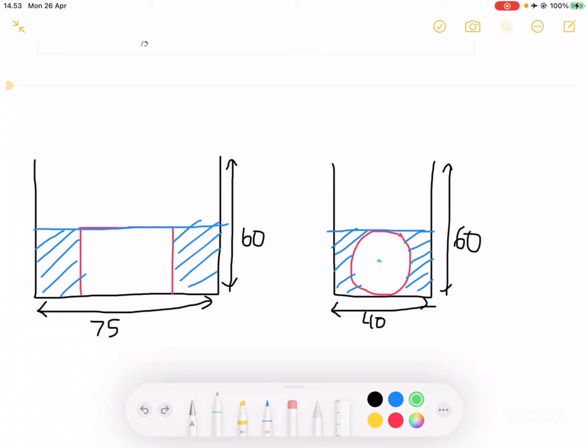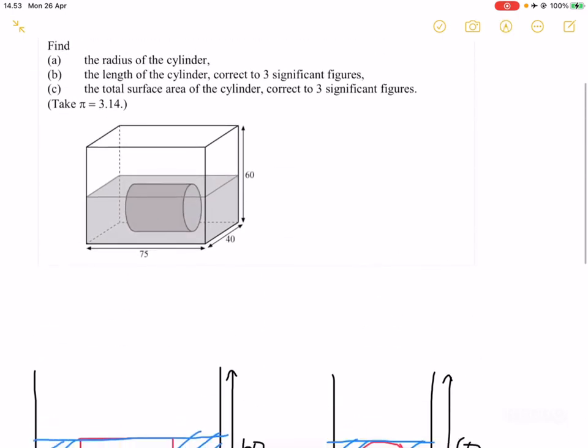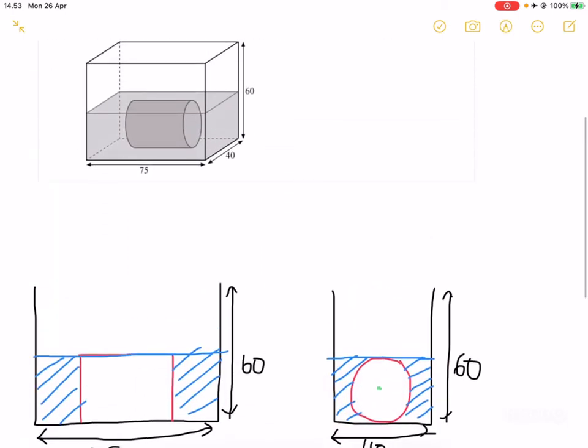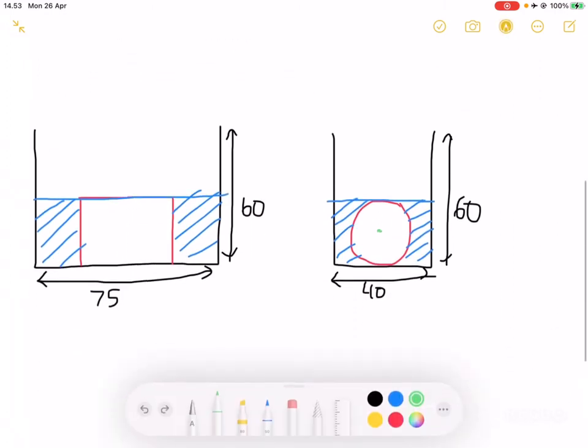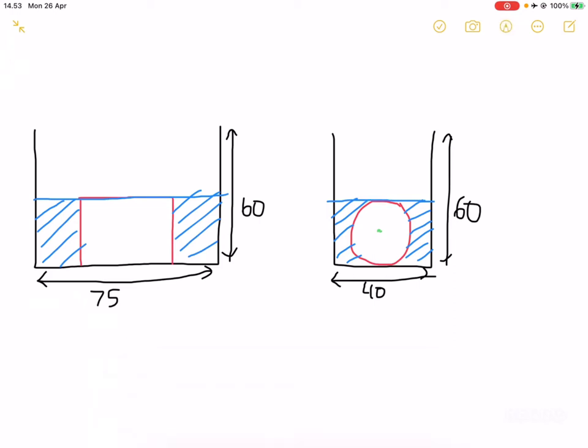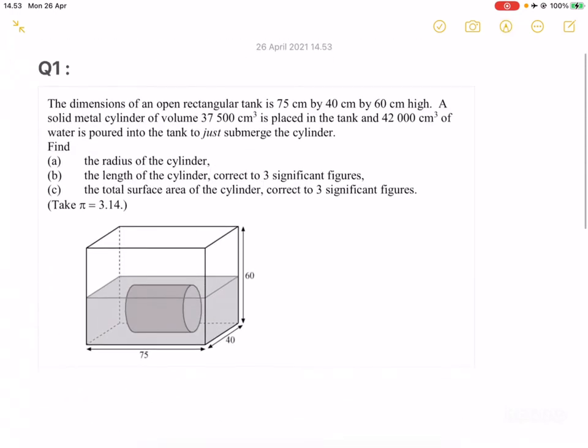If we look at the sides with dimensions 40 by 60 centimeters, the cylinder looks like a circle, and here is the water level, which is tangent to the circle. So that's just a brief explanation of what just submerged means.